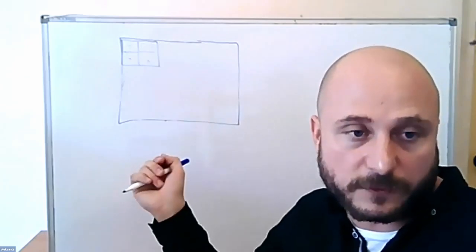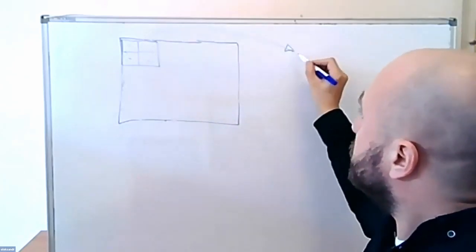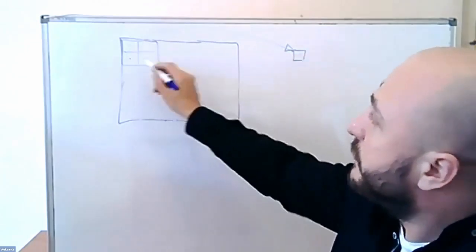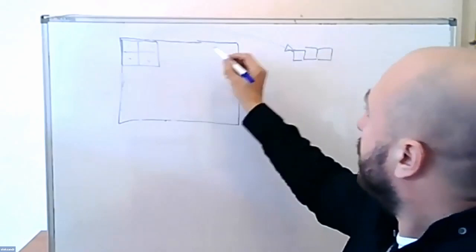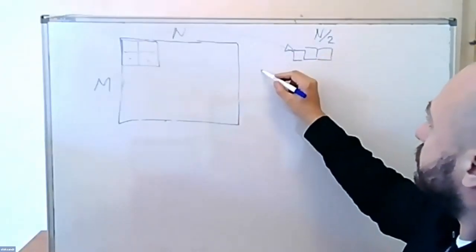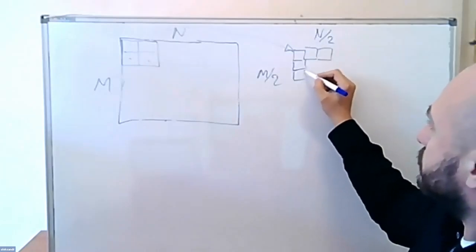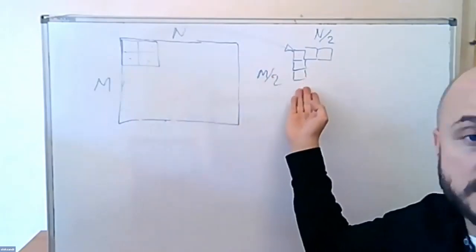Let's start from the average and generate a new picture that consists of this result and the size like this. So we reduce the picture size 4 times, right?